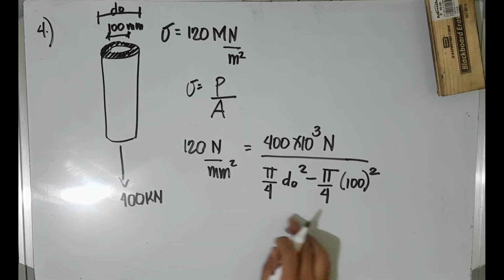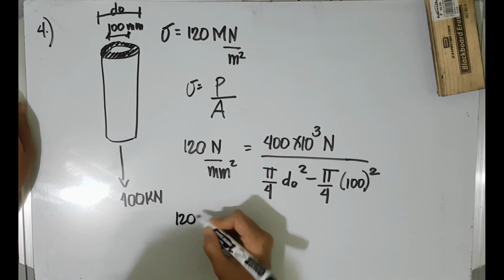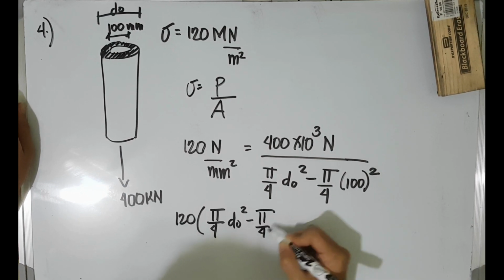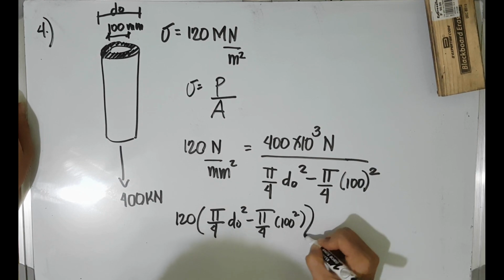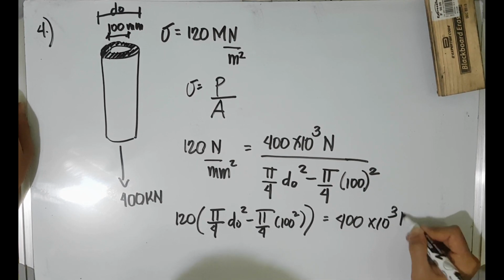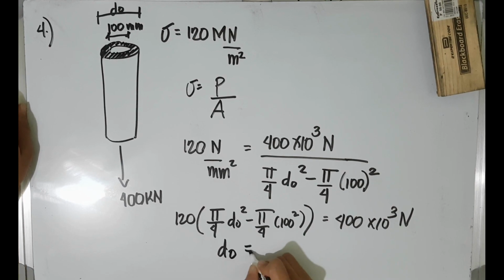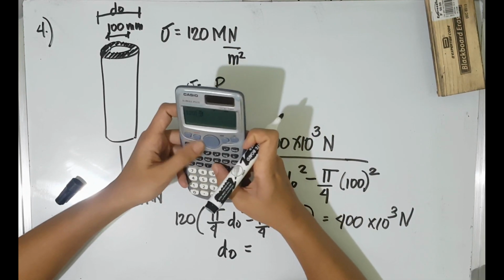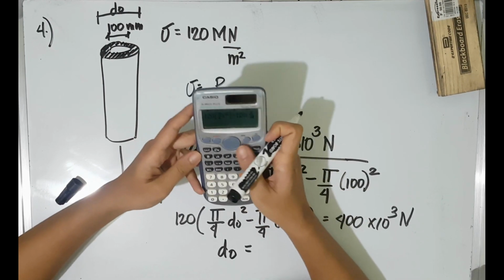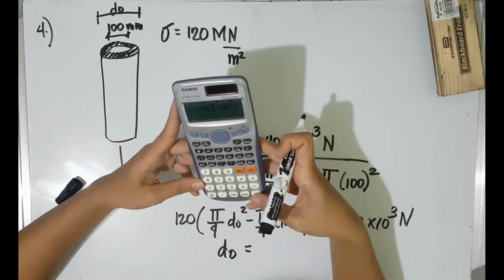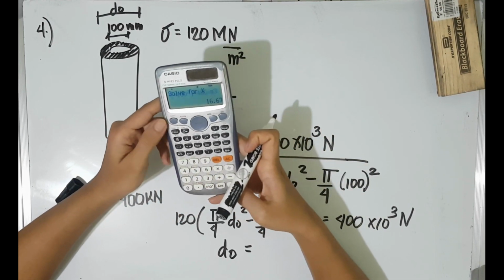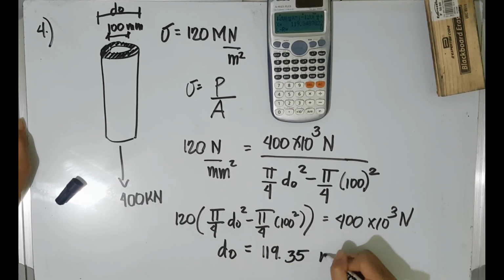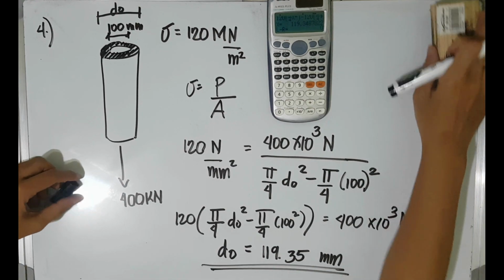Therefore, our outside diameter is equal to 119.35 millimeter.